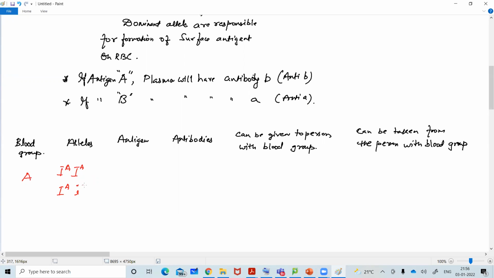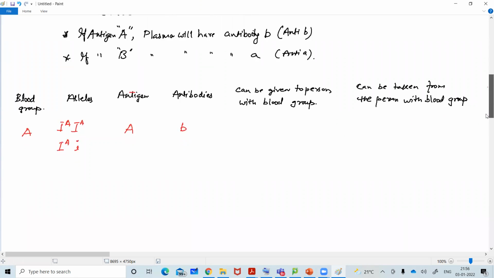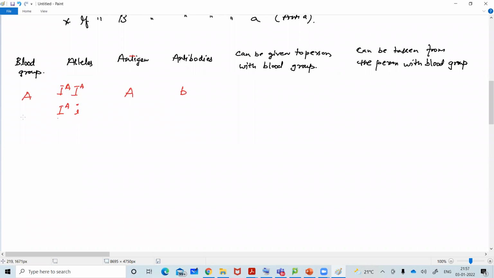Small i is the recessive character, so this is not going to be expressed in the generation, right? Okay. Now, antigen, what type of antigen present on RBC? That is antigen A, right? Now, antibodies on plasma will be small b, right? Now, we'll discuss about the rest two later on.